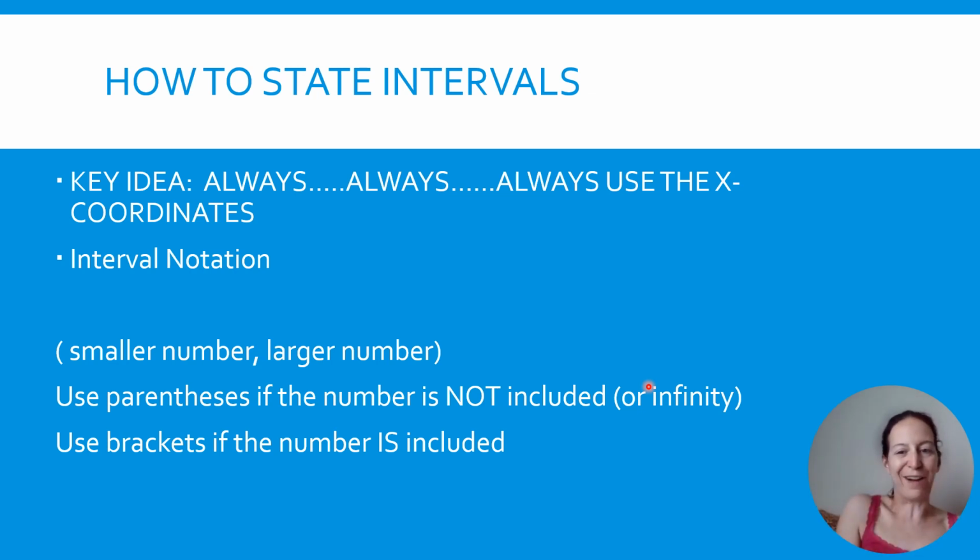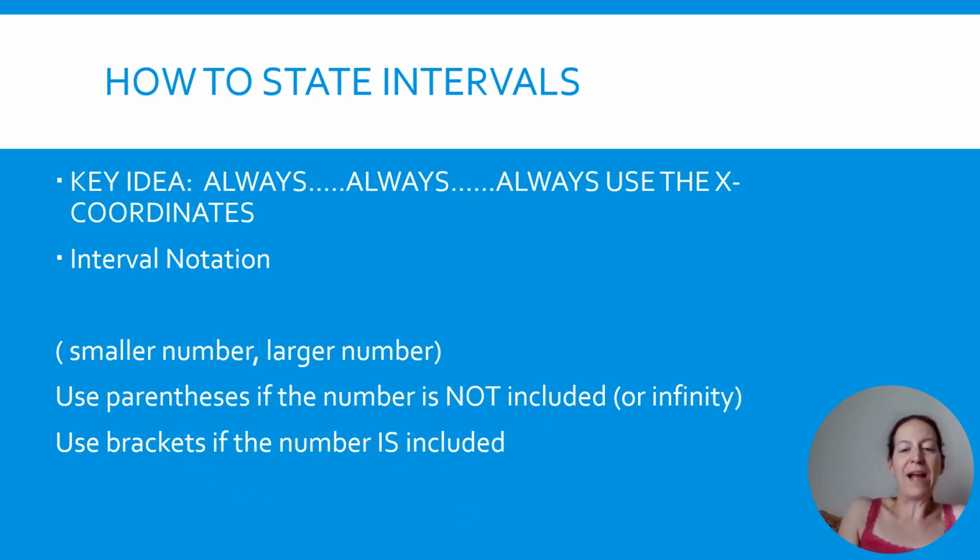So everybody's excited to hear that. Use parentheses if the number is not included, or if it's infinity, because infinity is technically not a number. You can't include infinity in something because it keeps going. Use brackets if the number is included.